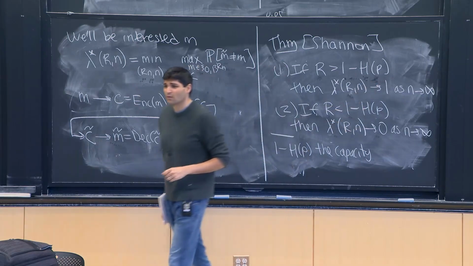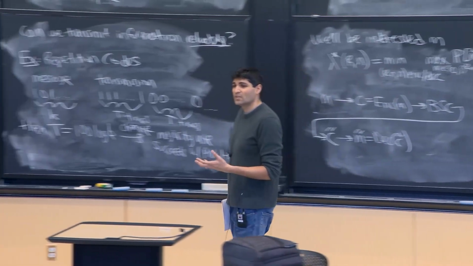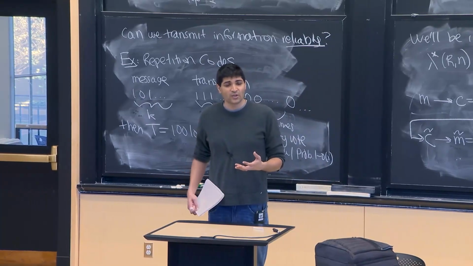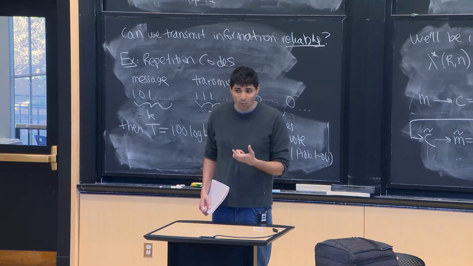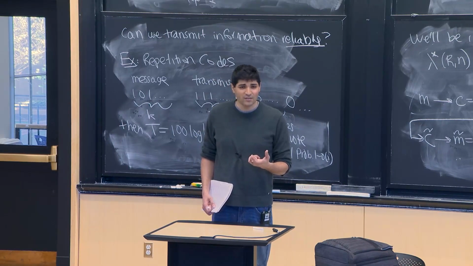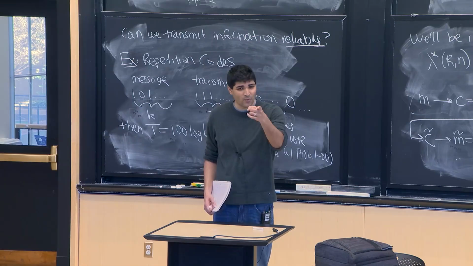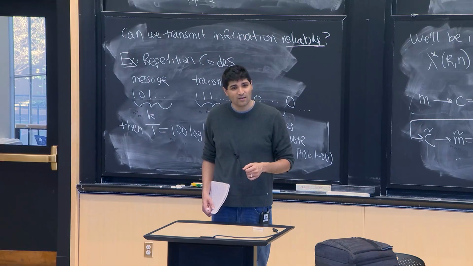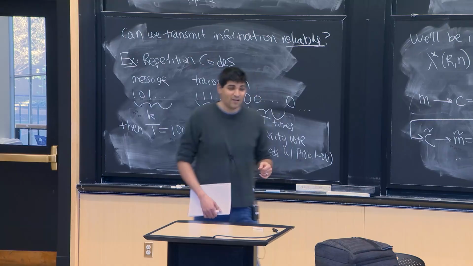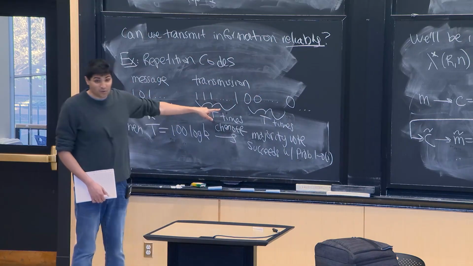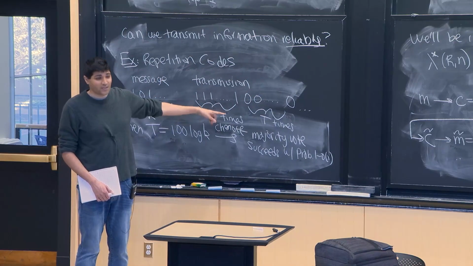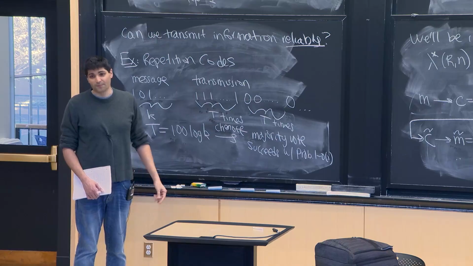Why is that intuitive? If I use something like the repetition code, majority vote doesn't work anymore, but something else does. What would work if my bit flip probability were 2/3? Yeah? Minority, exactly. All I do is I'm thinking that there'll be 2/3 flips here, and so I take the opposite of the majority vote.